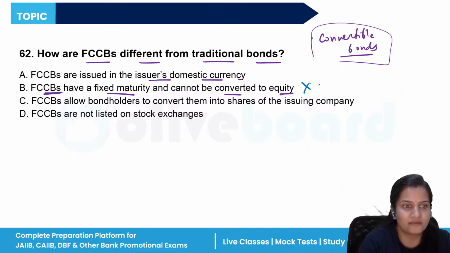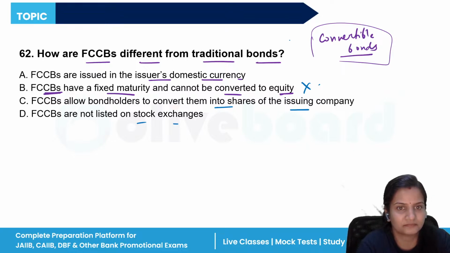FCCBs allow bondholders to convert them into shares of the issuing company. FCCBs are not listed on stock exchanges. Is it so? FCCBs are convertible bonds, so they can be converted into shares of the issuing company, but in the foreign currency.